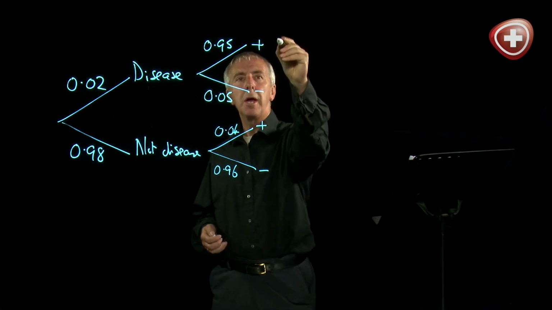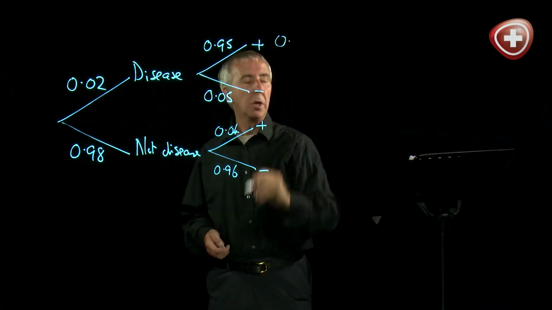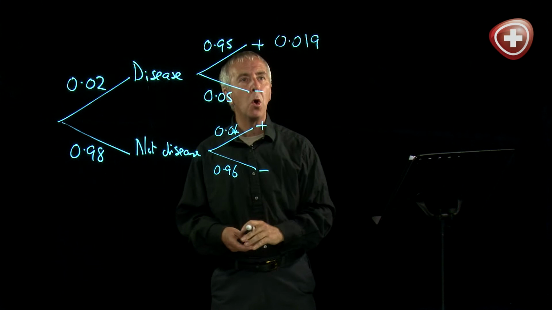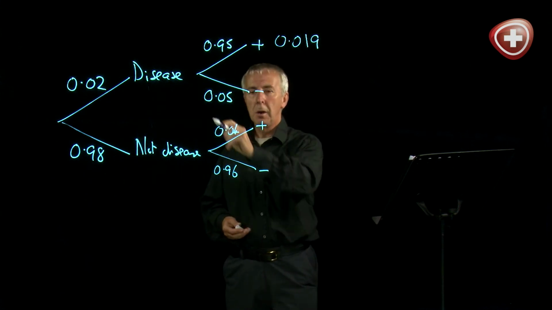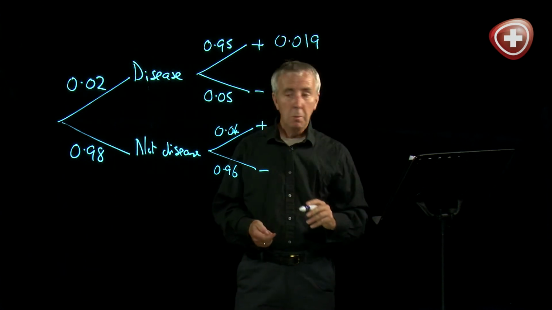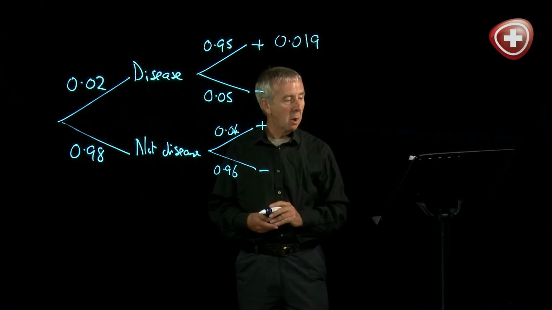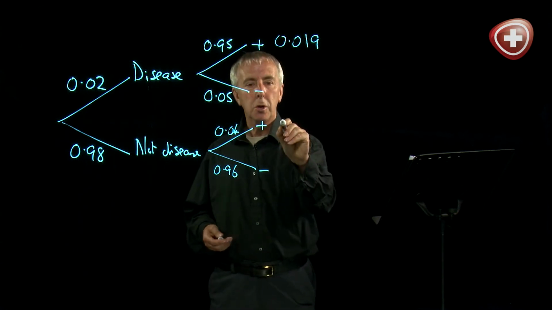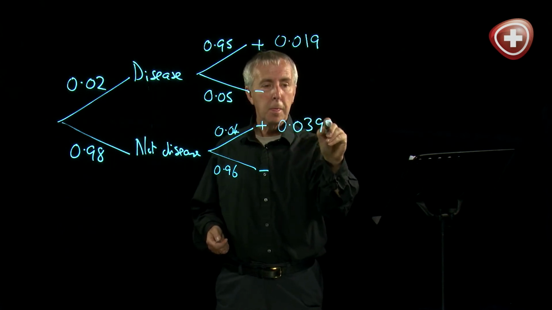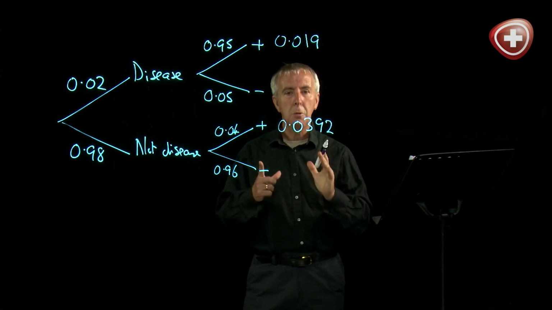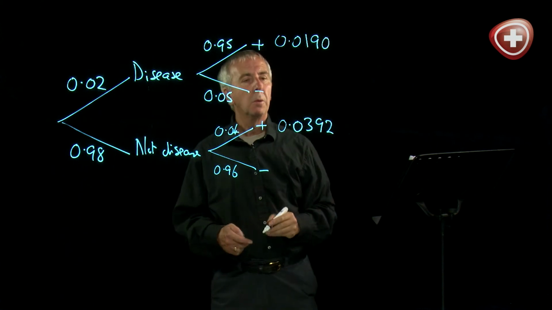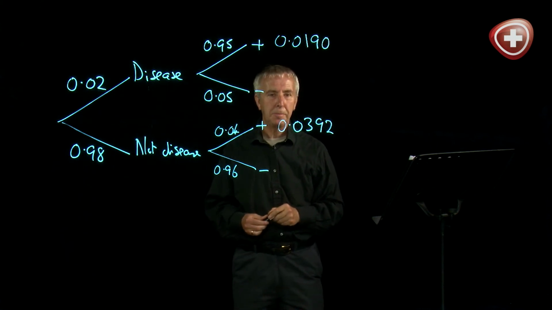If we multiply along there, 0.02 times 0.95 comes to 0.019, and along this branch, which produces positive results for the test, multiplying together 0.98 times 0.04 gives us 0.0392. And again, it's convenient to make the two numbers into the same number of decimal places. So that's 4 decimal places. We'll make this into 4 decimal places.